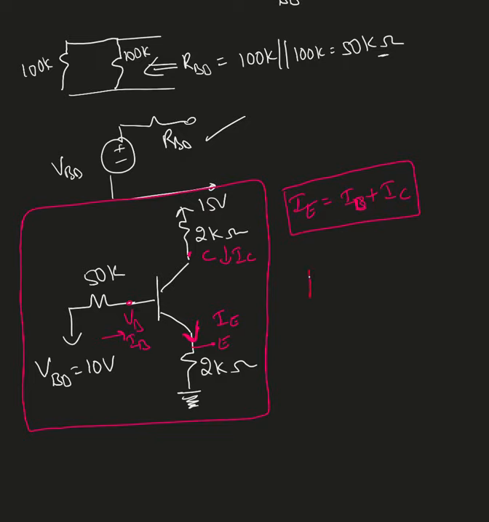Here for any transistor, the beta value is always given. In this example, the beta value is given as 100. Beta is the common emitter current gain. That value is always given. The beta gives you the relation between IC and IB. Beta is always equal to IC over IB, and alpha is equal to IC over IE.